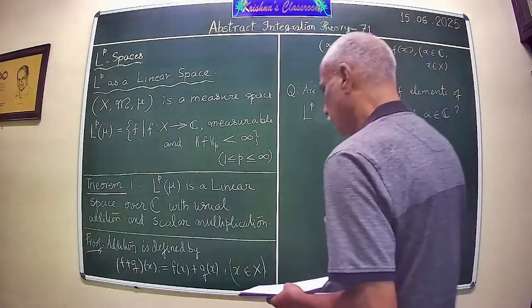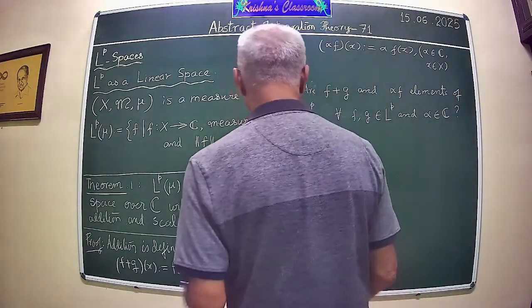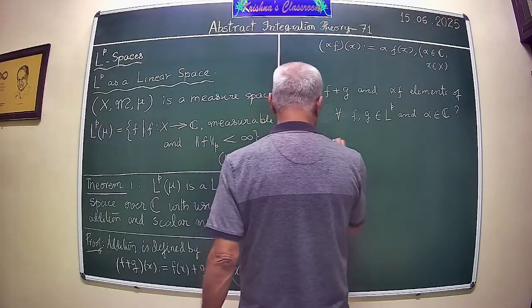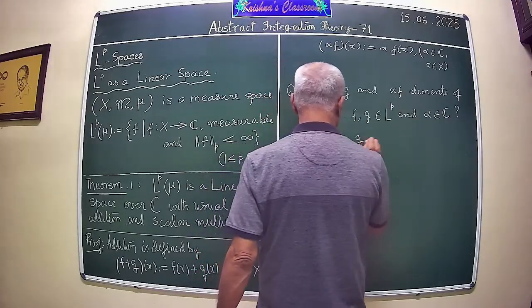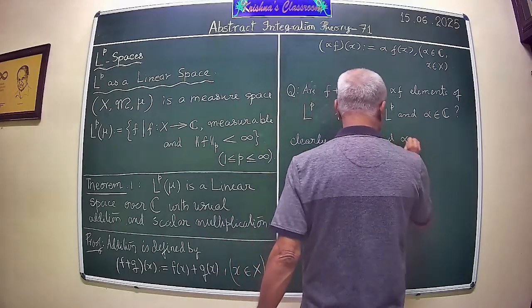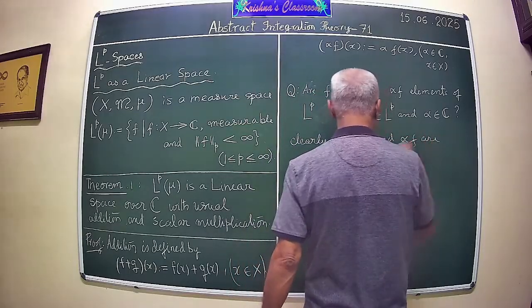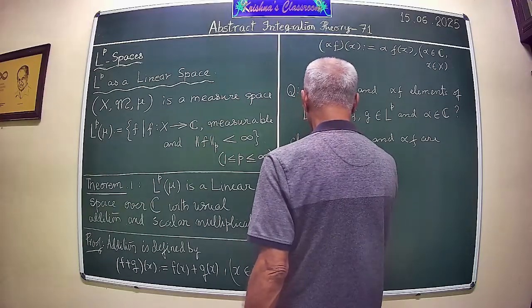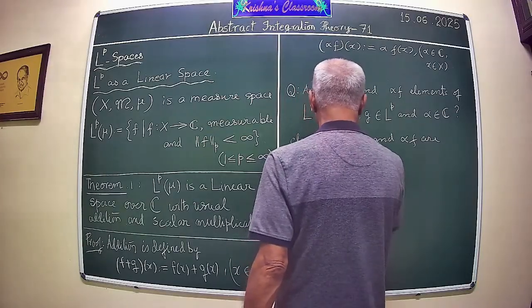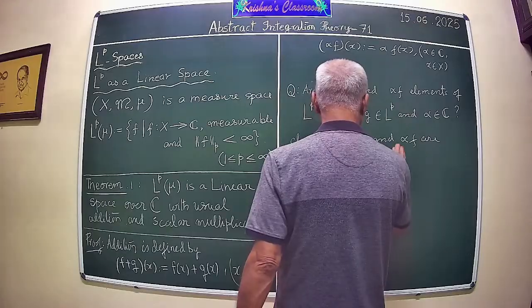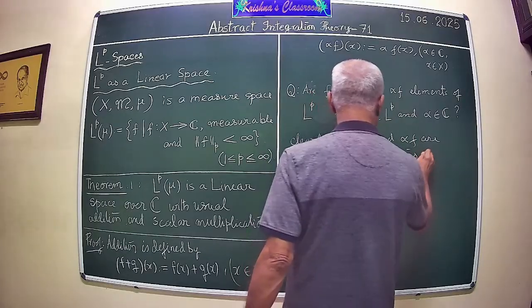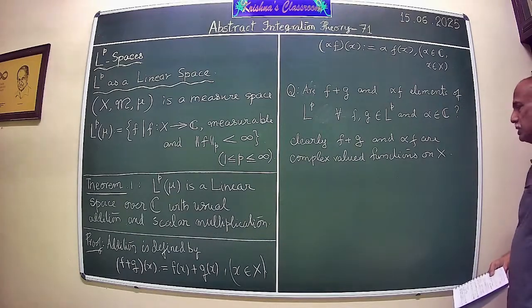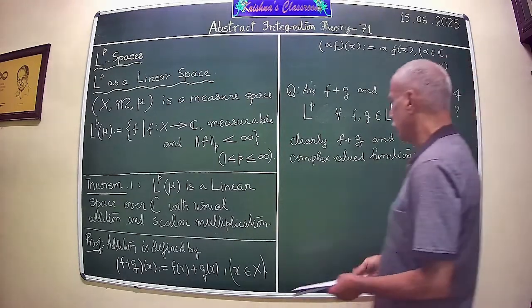Now these are the three conditions that we have to verify. Now f plus g is a function, and they are complex valued functions.